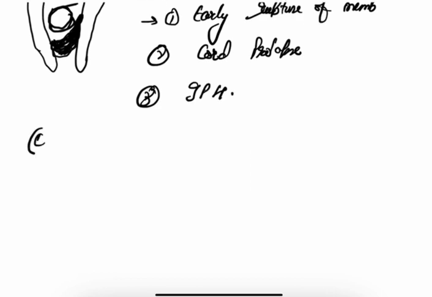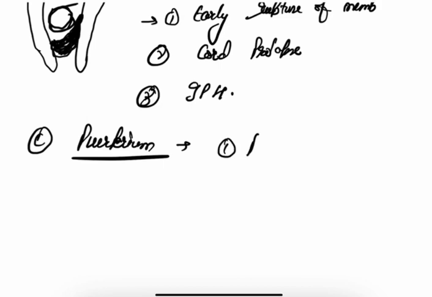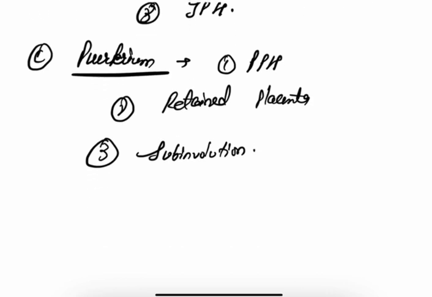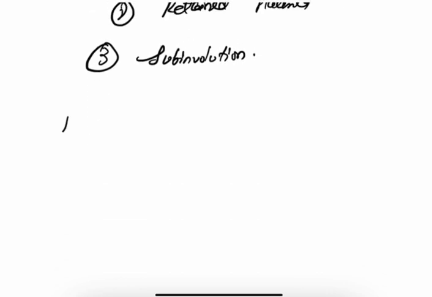During the puerperium, it can lead to postpartum hemorrhage, retained placenta, and subinvolution of the uterus. So what are the fetal complications?